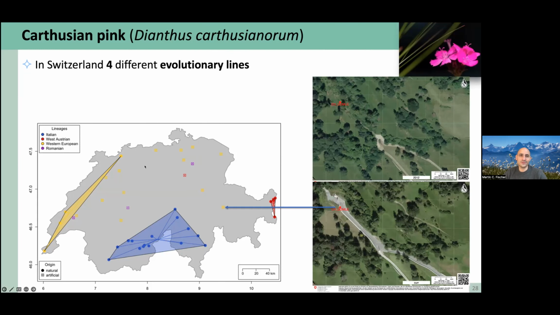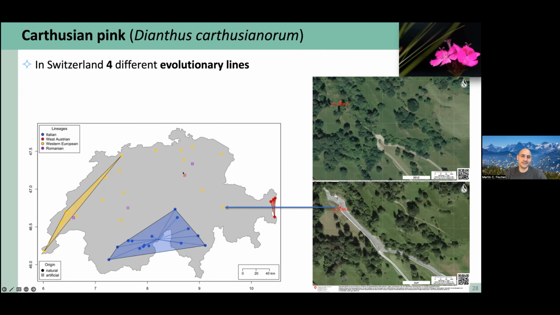And to dig more into that, Yasmin looked at the maps and all the positions where these populations have been sampled and sequenced. And for all those which are not connected by a polygon, so all these spots here, she realized that these were populations from places where in the last 10 to 15 years there was renaturation happening, and this means this was artificial seeding.